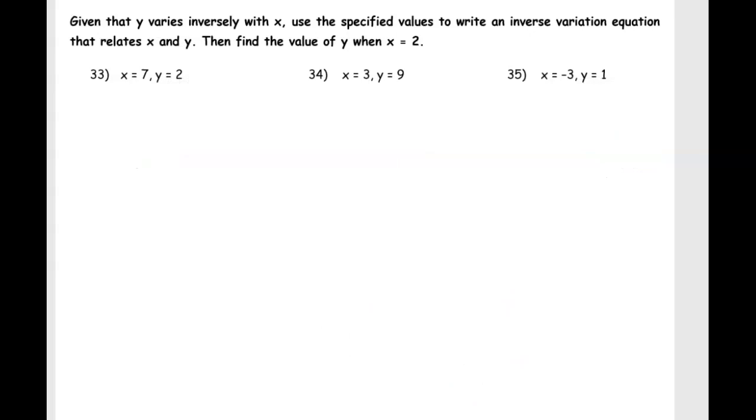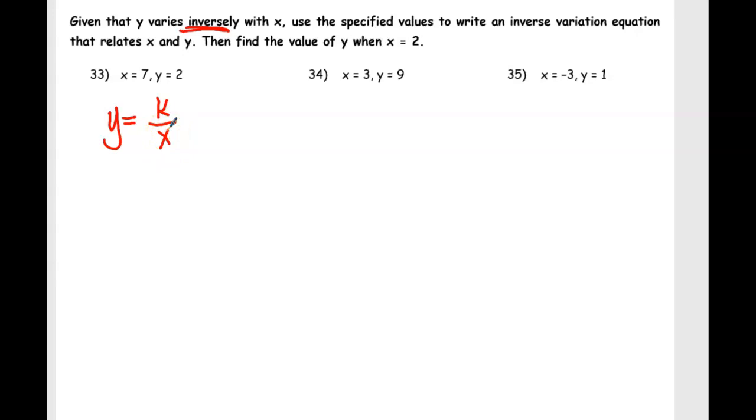Okay, so given that y varies inversely with x, that's going to be a key word. Use the specified values to write an inverse variation equation that relates x and y, and then find the value of y when x is equal to 2. So how we're going to do this, when it says inversely, we're going to think of y is equal to k divided by x. Now we're just going to plug in the values.